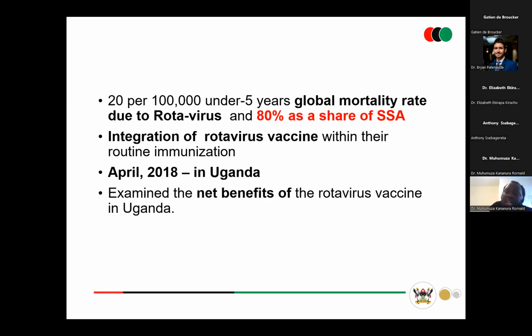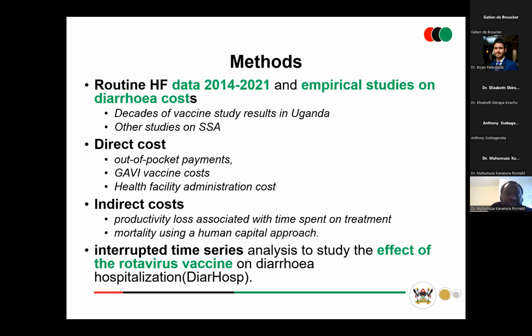2018. And so in this study, we are trying to examine the net benefit of the rotavirus vaccine in Uganda based on different data sources. The data sources we used were routine health facility data from 2014 to 2021, and also some other empirical studies, including some of the data that we collected in Uganda and some other countries.